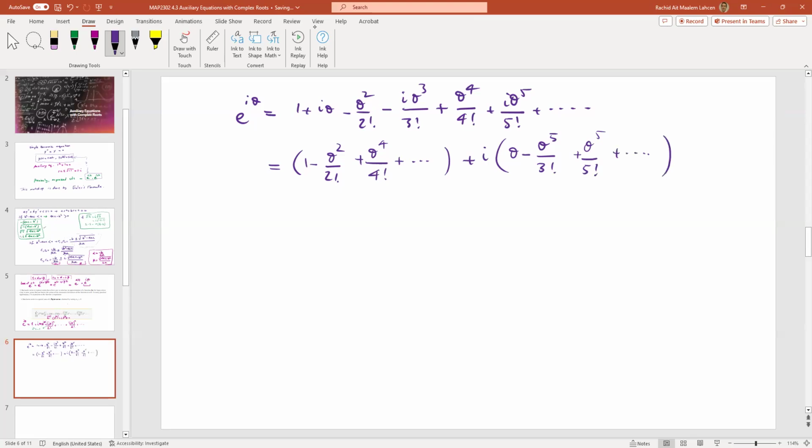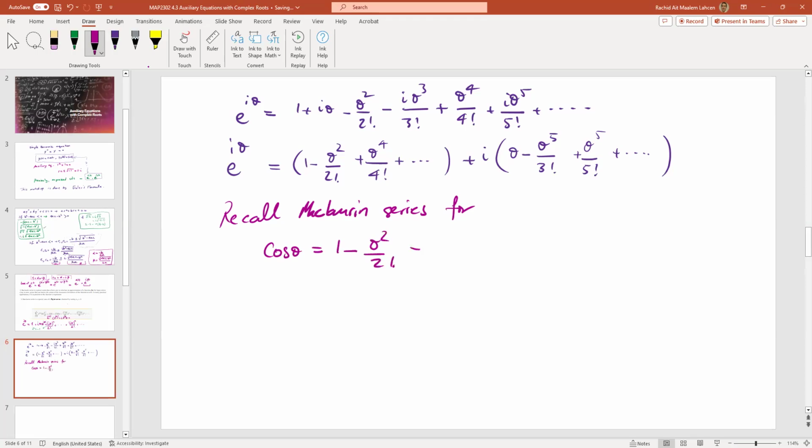All right. So now what's going on here? If you recall the Maclaurin series for cosine theta, it's 1 minus theta squared over 2 factorial plus theta to the 4th over 4 factorial, so it's really this.